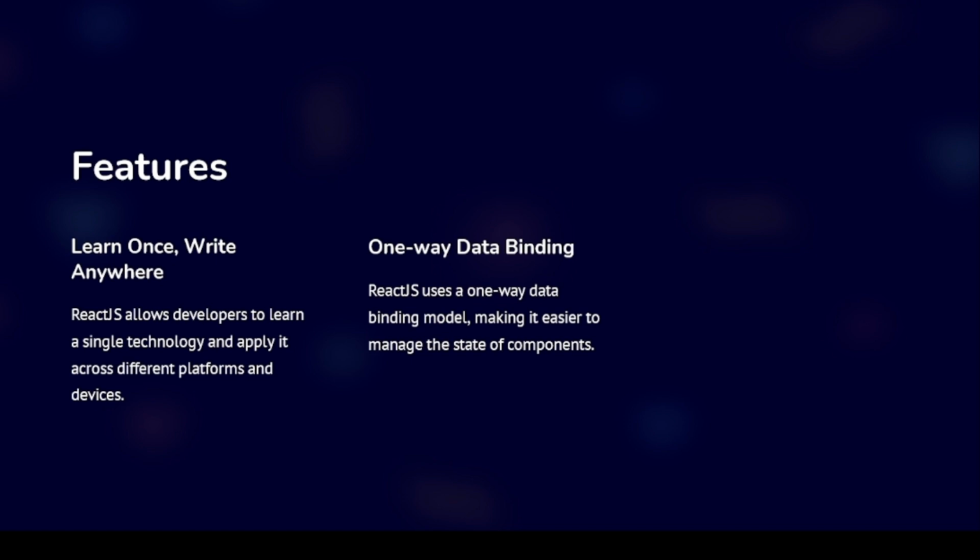One way here means that the binding will always happen in one direction, and hence enhances performance by re-rendering only the affected components and simplifies the component design. This makes the state management and debugging more predictable and straightforward.